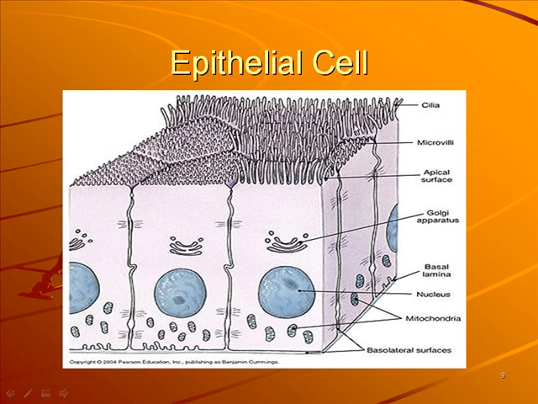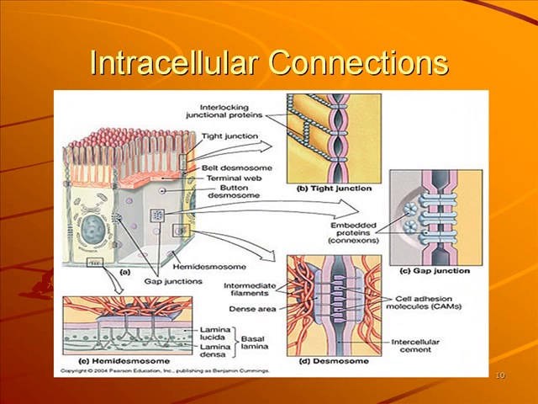Cilia and microvilli are surface structures that either increase the surface area or aid in the transport of different substances across the surface of epithelial cells. You see familiar structures such as the Golgi apparatus, nucleus, and mitochondria. Depending on the epithelial cell involved and its particular function, this determines the components inside the cytosol of these individual cells.